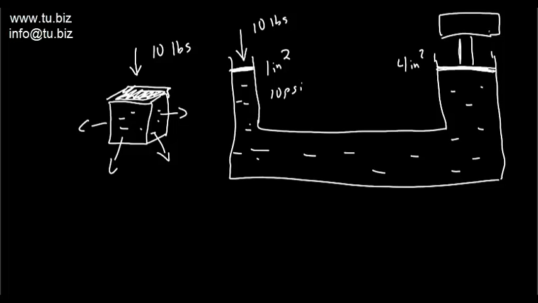Big question: what do you think you can lift over here? You have 10 pounds of pressure applied into 1 square inch. This is 4 square inches, 4 times the area. You are going to be able to lift 40 pounds on this side.